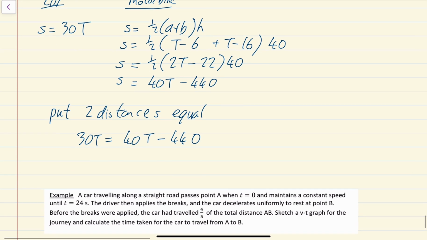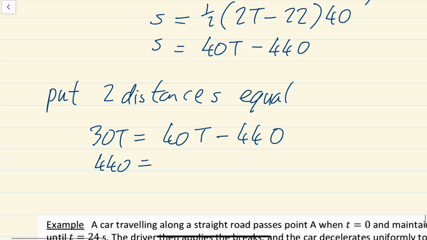A wee bit of rearranging, bring the 440 to the left, bring that 30t across, you'll have 40t minus 30t, you'll just have 10t. So 440 equals 10t. A wee bit of working out, t works out to be 44 seconds.